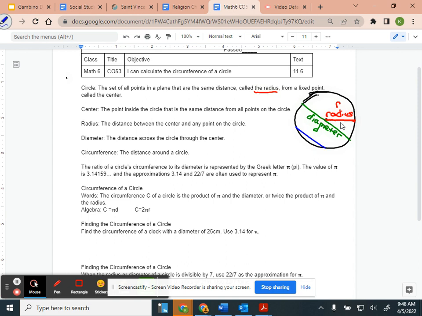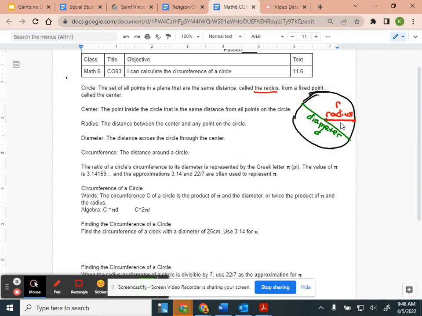It is not long enough. It's a line. It's actually a segment because a line goes on and on and on. So this would be a segment, but it's not the diameter because it doesn't go through the center. So both the radius and the diameter are connected through the center of our circle. The radius we label as an R, the diameter is the D.